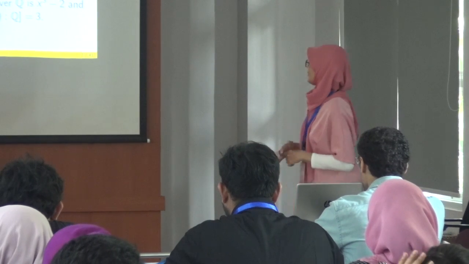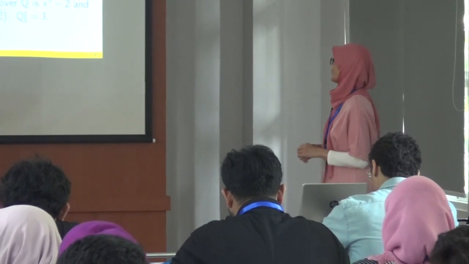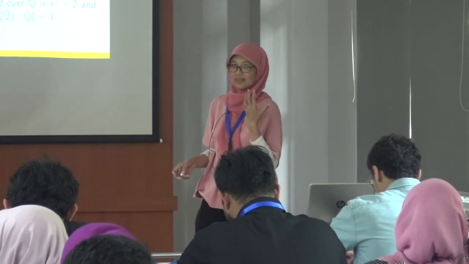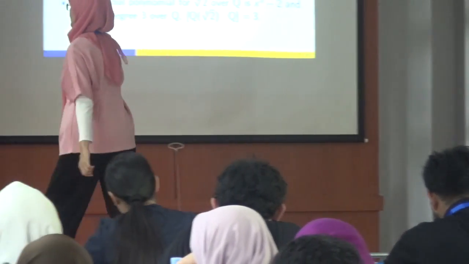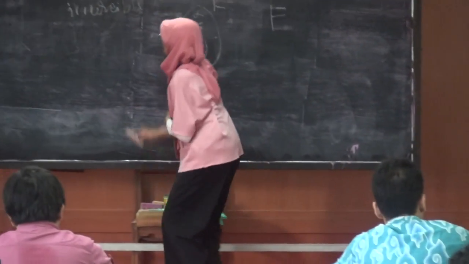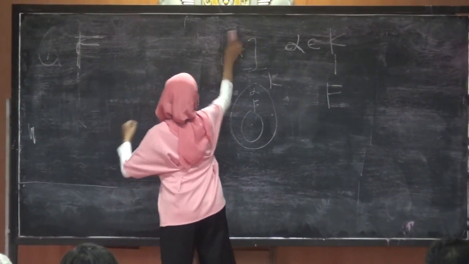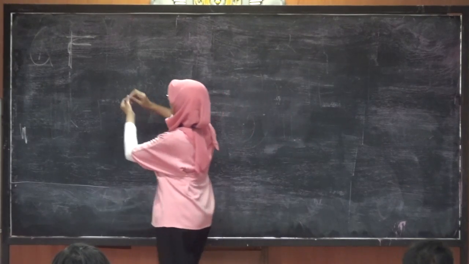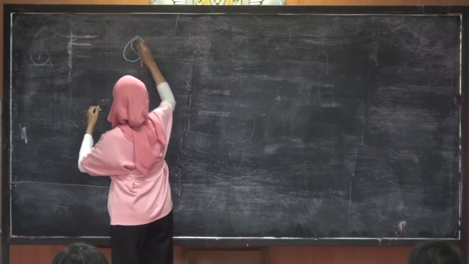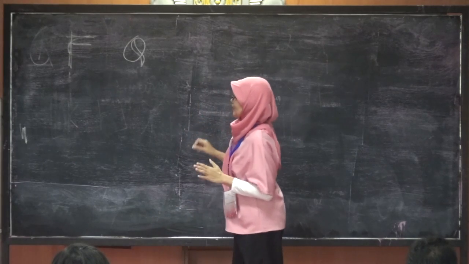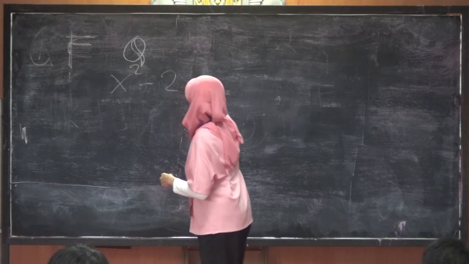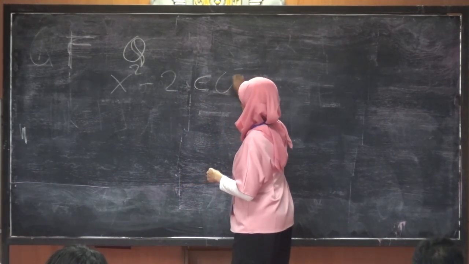This is a simple example also. We now consider square root of 2, which is not in Q. We have the field Q, and we take the polynomial in Q[x], x squared minus 2.